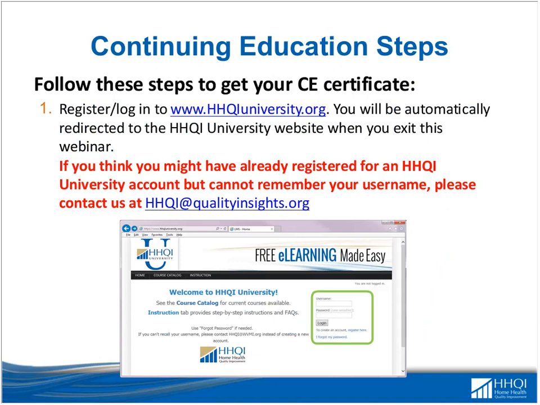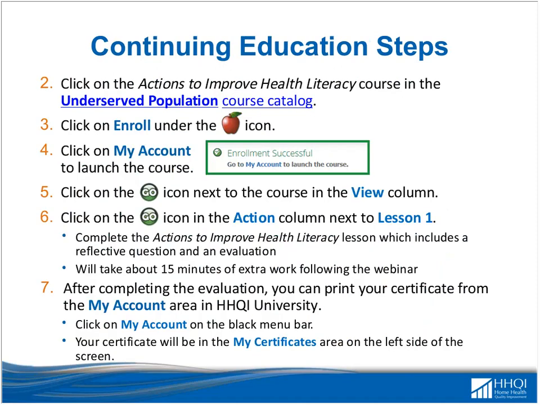Once you're logged in, click on the Actions to Improve Health Literacy course that is found in the Underserved Population course catalog. That seems to be the step that a lot of people miss. Once you've clicked on this course, click on Enroll. It's under the Apple icon, and then click on My Account. Once you're there, click the Go icon next to the course in the View column, and then click the Go icon in the Action column next to Lesson 1.